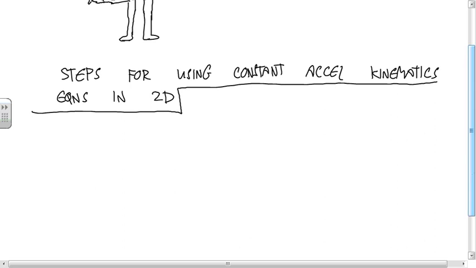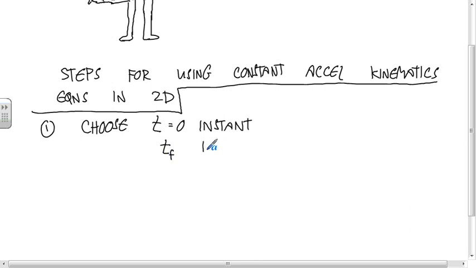The first thing is we're going to choose those four values that we have to specify. So choose an instant corresponding to time equals 0. Choose an instant corresponding to time final.